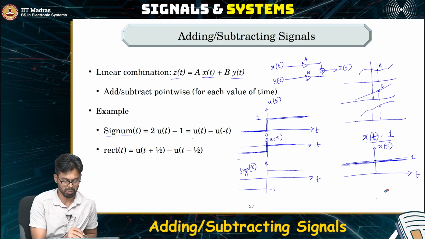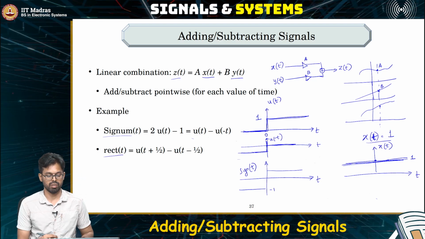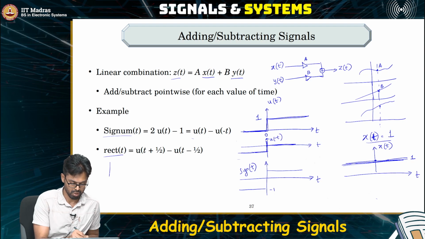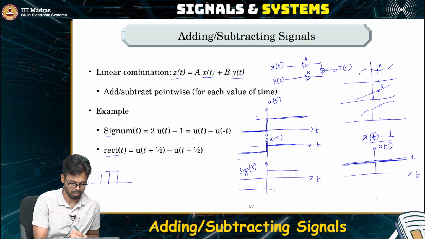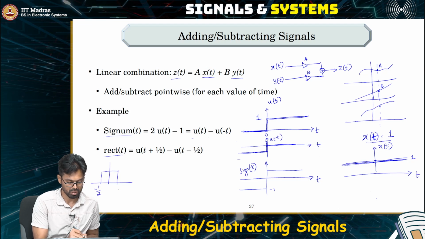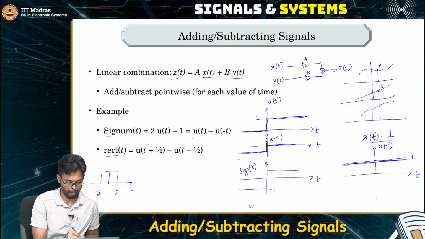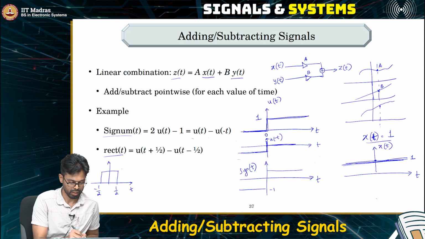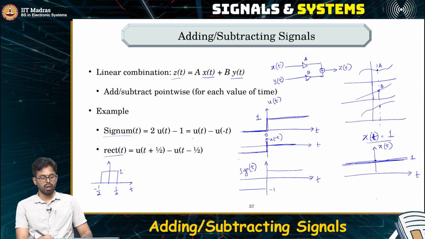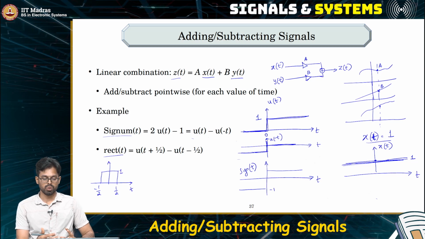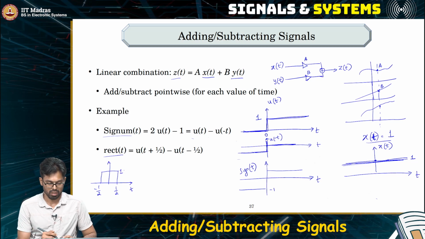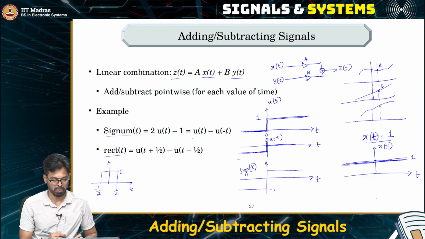And we have another example here, the rect function. Do you remember what is the rect function, the rectangular function? It is 1 from minus half to plus half, right? A very nice way of representing this using the step function is to use our time shifting method that we have learned some time back.